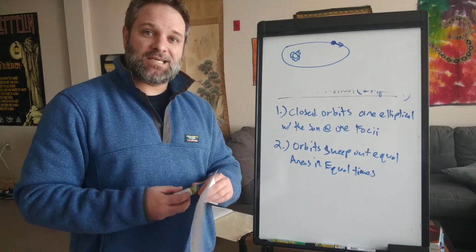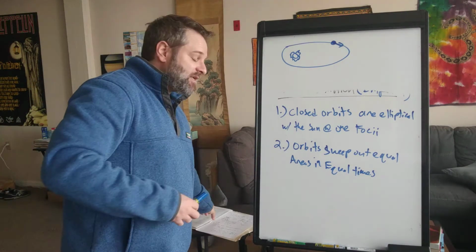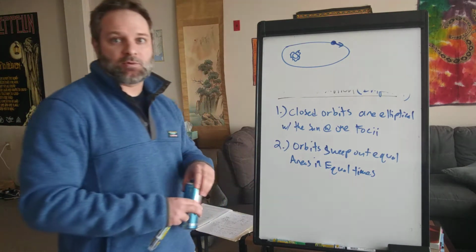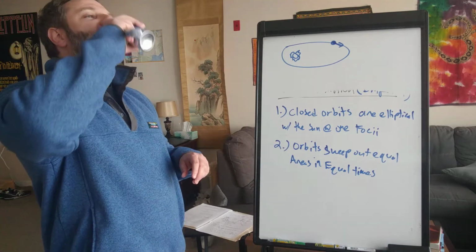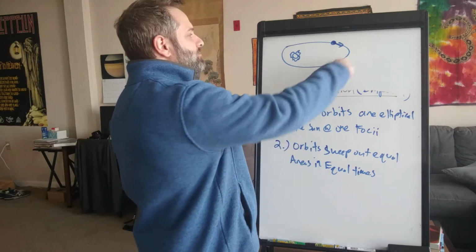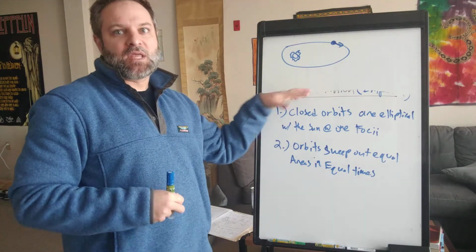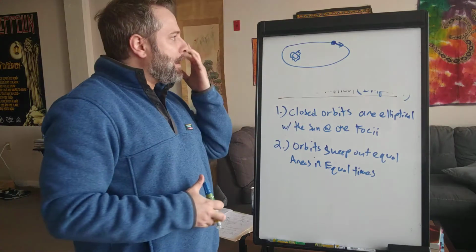Orbits sweep out equal areas in equal times. So this is about the speed at which orbits take place. As a planet follows this elliptical orbit, it doesn't do so at a constant velocity. It slows down and speeds up.